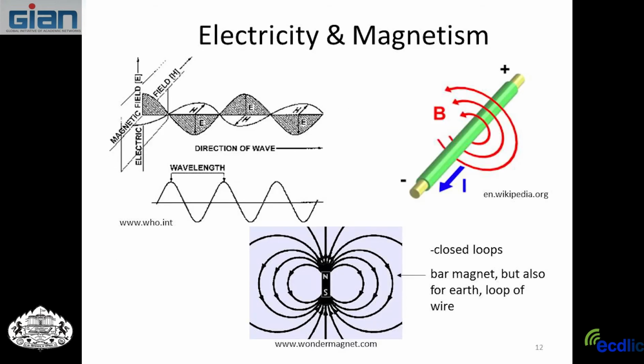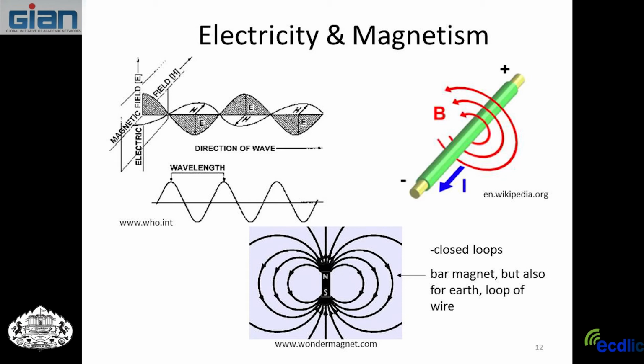Okay, I don't know what your physics backgrounds are, but just a little bit about electricity and magnetism. Electricity and magnetism travel together perpendicularly to each other. So if you have an electric field, you're also generating a magnetic field, and vice versa. The top right shows you how this works.